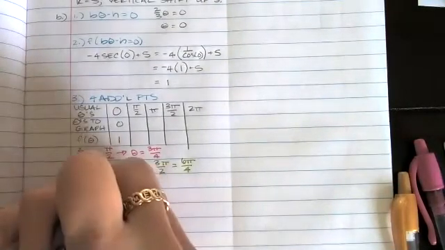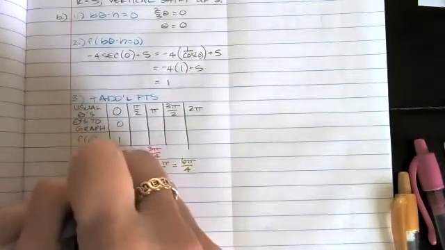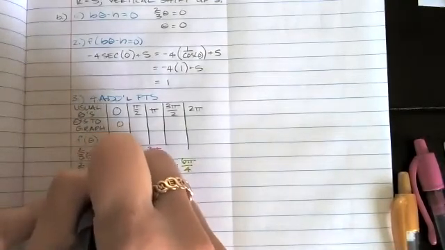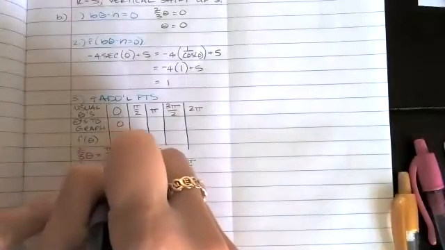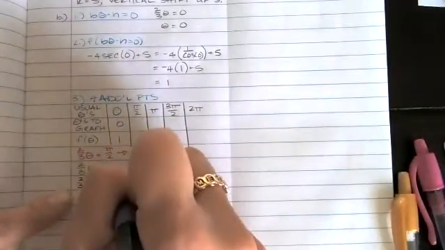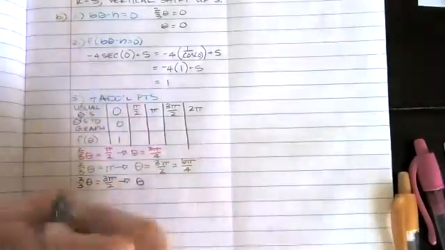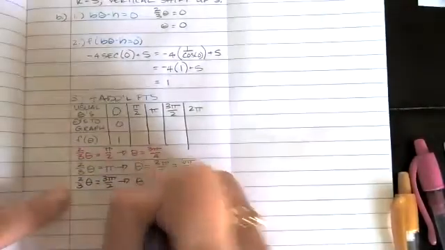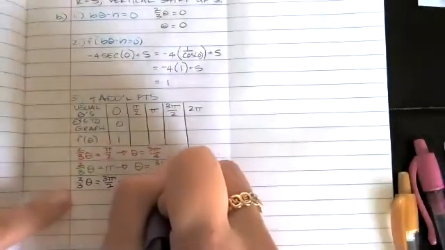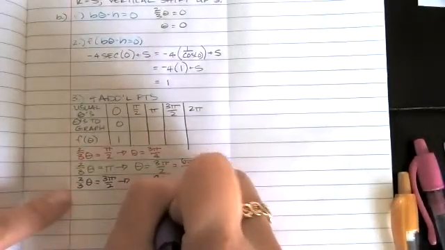Okay, so our next step is 2/3 theta equals 3 pi over 2, which again, multiplying by the reciprocal of this coefficient 2/3 means that we will have 9 pi over 4.